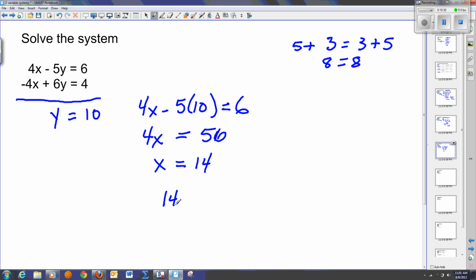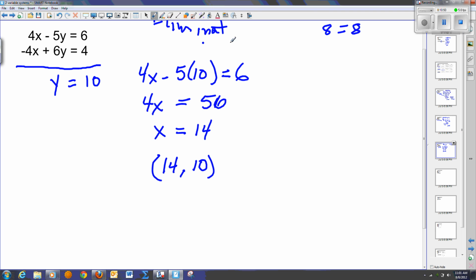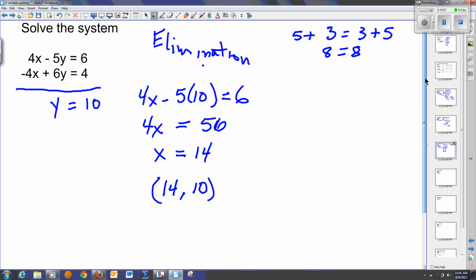So I have 14 and 10 as a solution. This whole process is called elimination. In other words, we're eliminating a variable to solve the system.